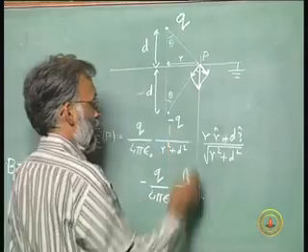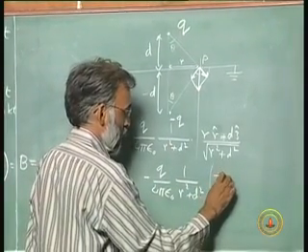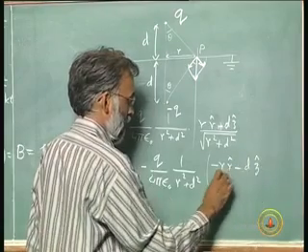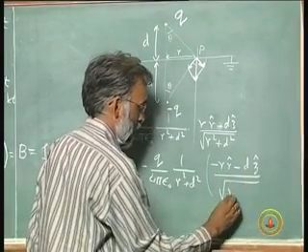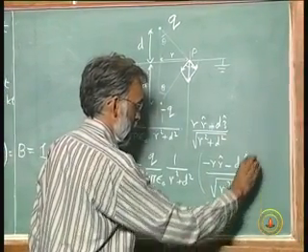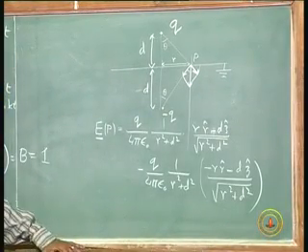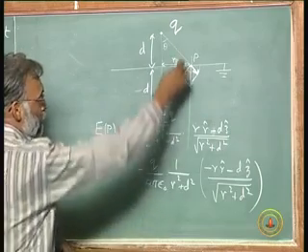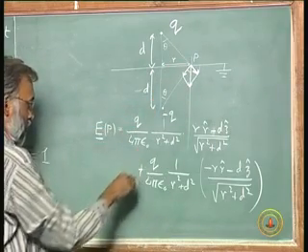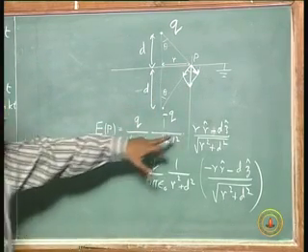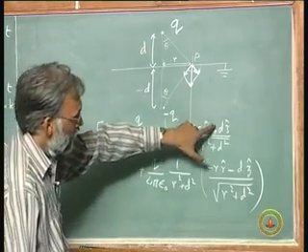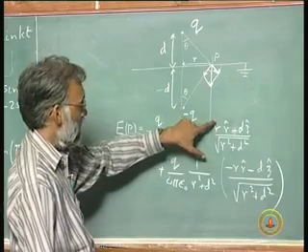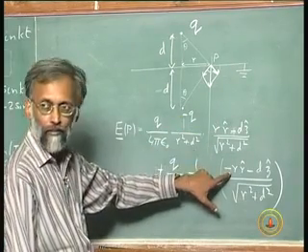Now, the vector direction is minus r r hat minus d z hat divided by square root of r squared plus d squared. So, since I have taken the sign of the arrow into account, this is actually plus. So, now you can see what has happened. D is minus in both cases, so they are going to add up. R is plus r here and minus r here, so they are going to cancel.